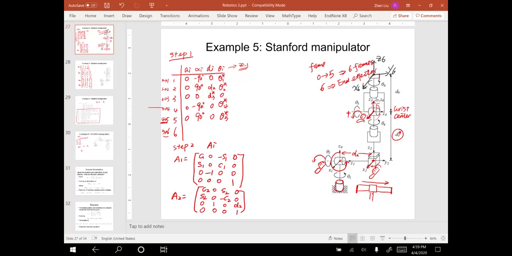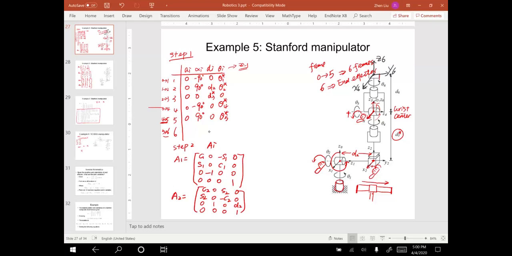Frame 6 is for the end effector, and from the spherical wrist center to the end effector, the distance is d6. So it means that when we want to define the last row, that is the transformation between the robotic manipulator and the end tooling, this is A6.